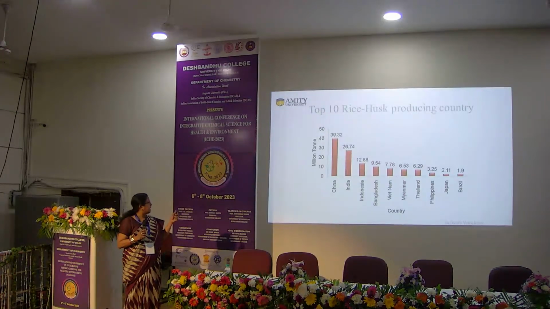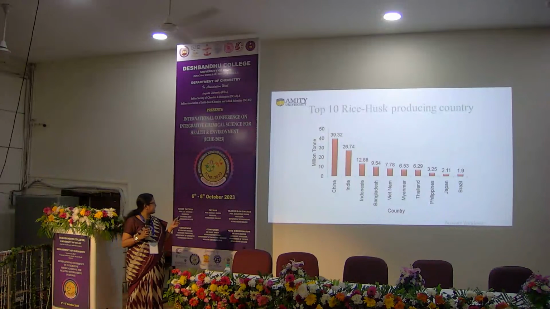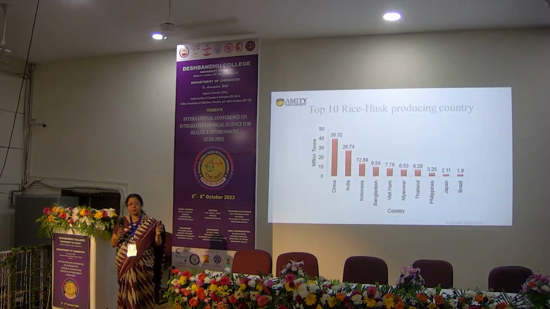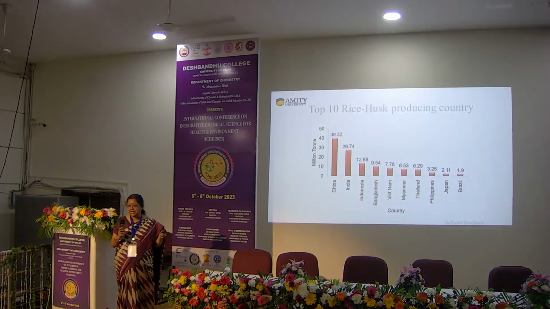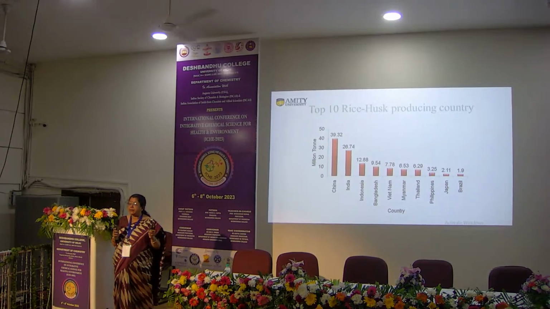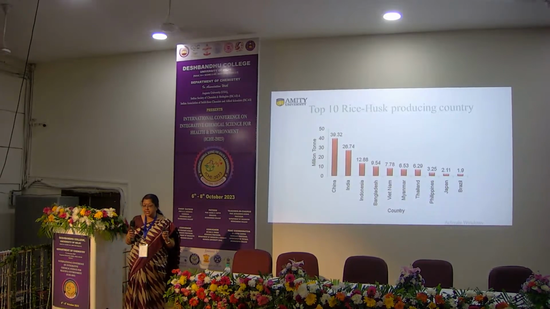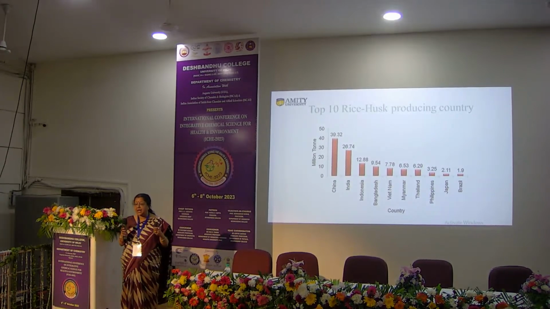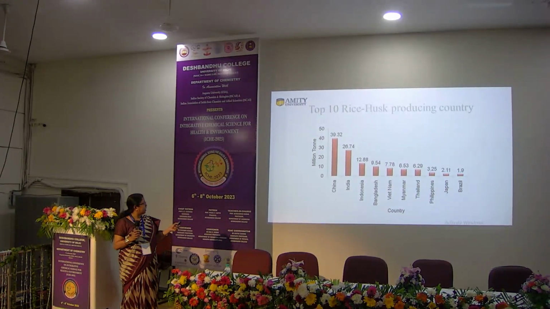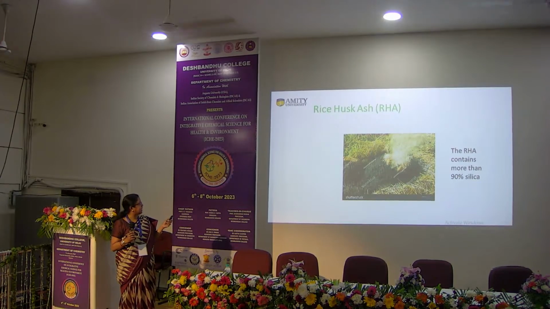Now, this is the statistics that India and China are the countries globally that produce rice as well as rice husk. Around 120 million tons of rice husk is produced globally, and the dumping problem is there. So if we can utilize it, for that we have taken this up.